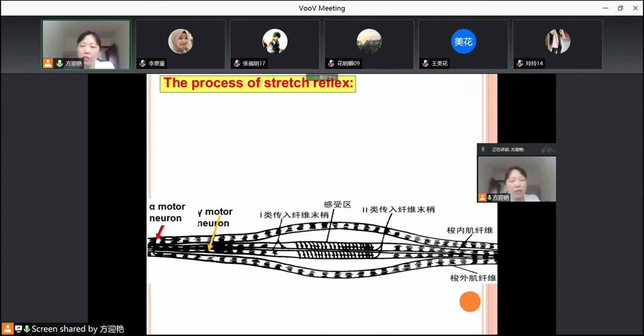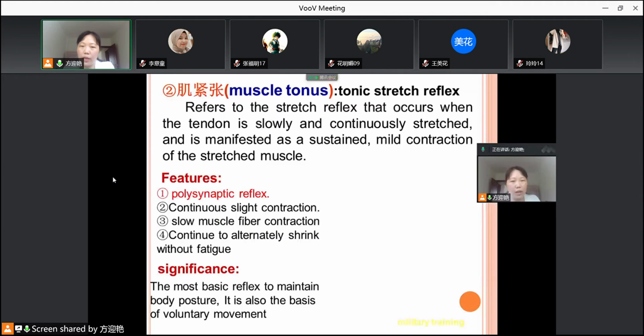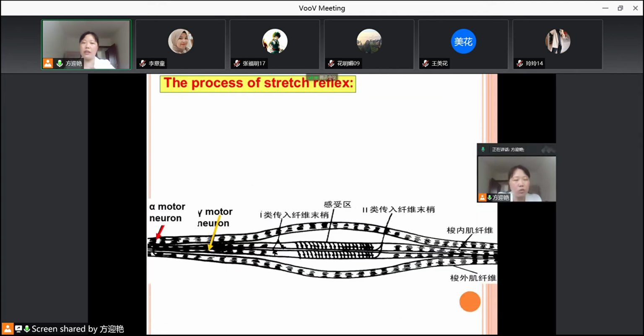And there is also the stretch reflex, and we can see that muscle tonus also has its receptor there. The tendon reflex is only a monosynaptic reflex. I hope you know that the stretch reflex includes the tendon reflex and also the muscle tonus. These are two kinds of stretch reflex.